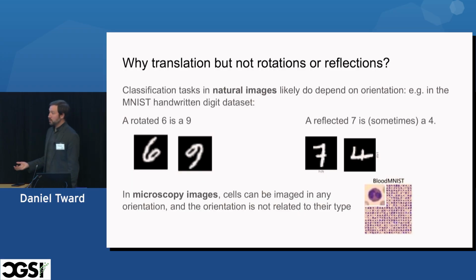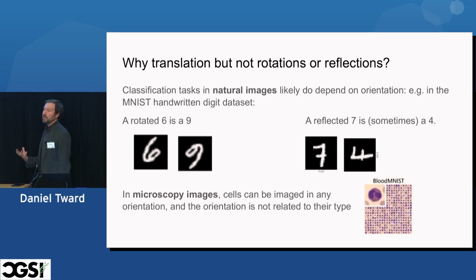But what I learned when I started doing this project is that if you rotate a 6, you get a 9. I actually already knew that. But if you reflect a 7, and you are somebody who puts a second cross on your 7, you actually get a 4. That was a new one for me. For some reason, I never realized that.